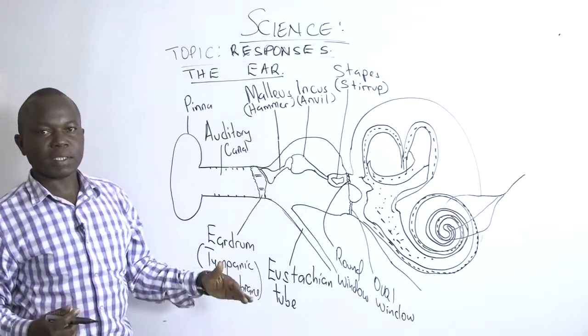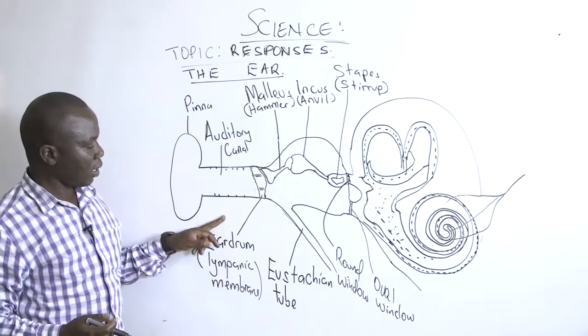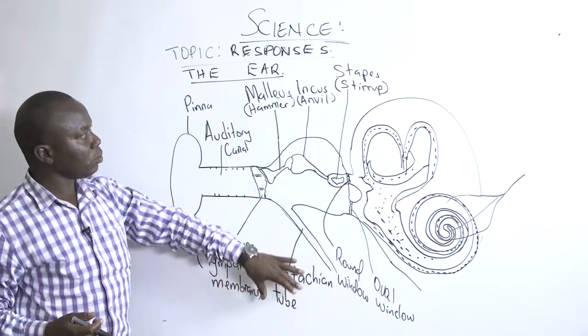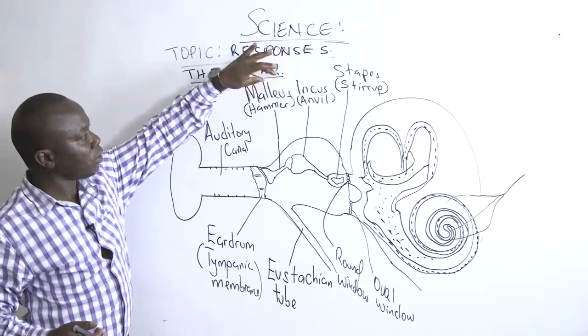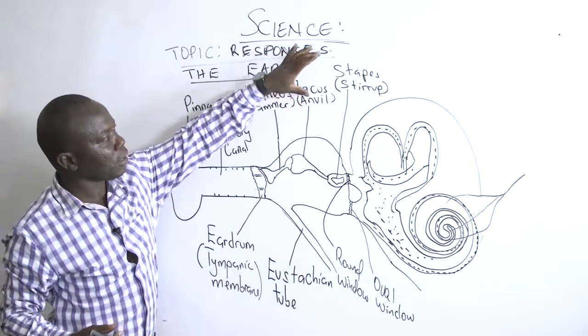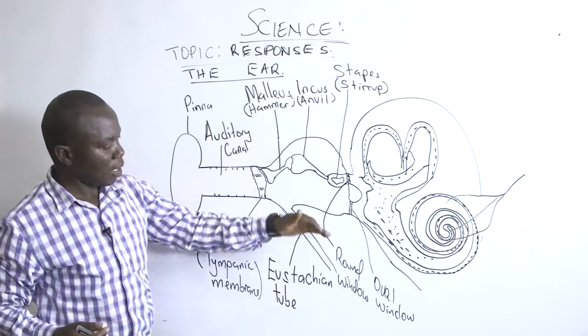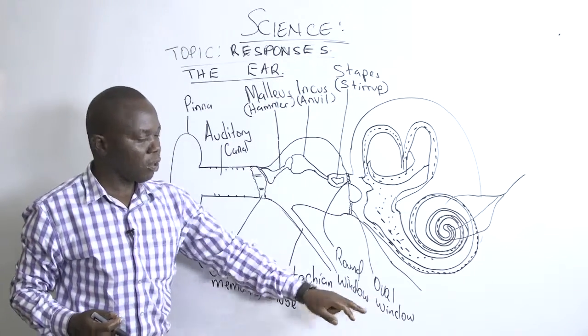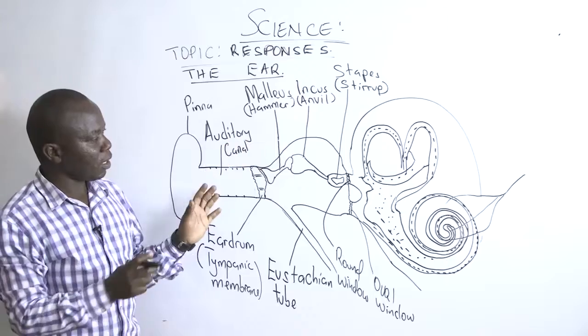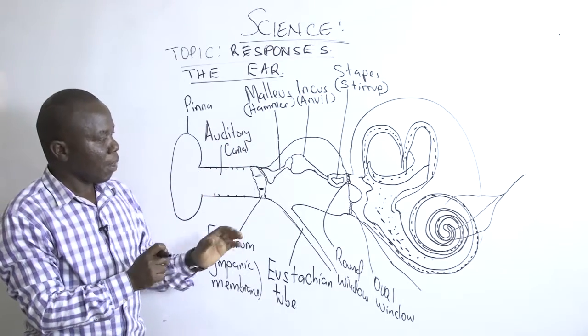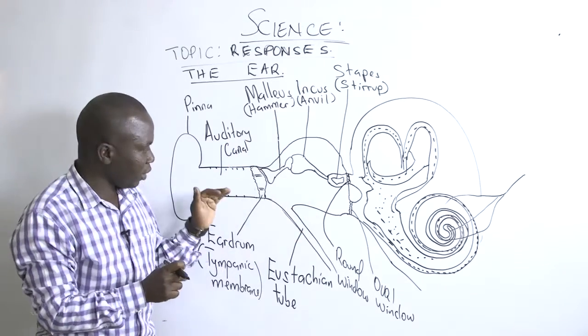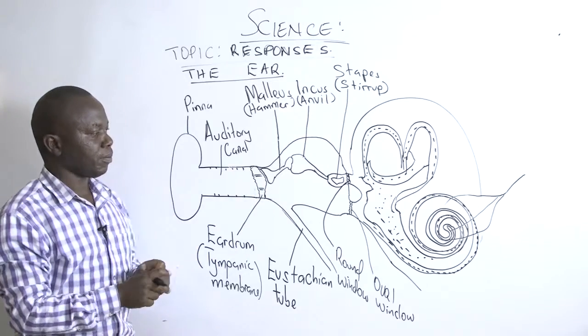So these parts make the middle ear: eardrum, Eustachian tube, the ear ossicles, malleus, incus, stapes, round window, oval window. It is also air-filled. It does not have fluids.